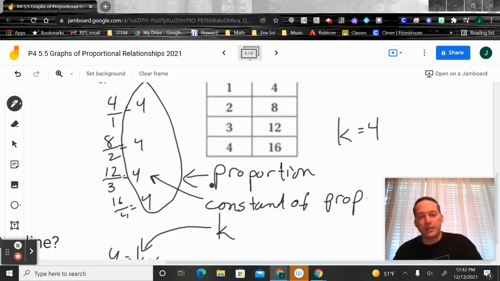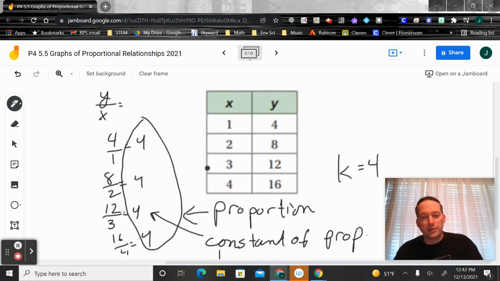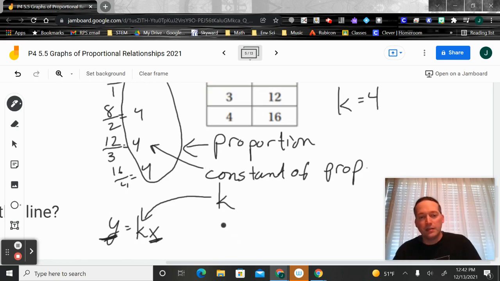So the equation for this proportional line would be y equals my constant of proportionality, which would be 4x. That's it. No more. Y divided by x, if it's constant, that's your constant of proportionality. When you put it into an equation, y equals that constant of proportionality times x.